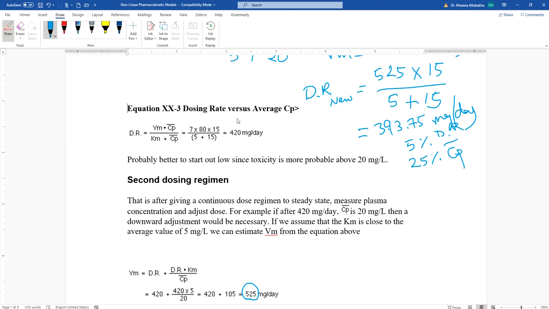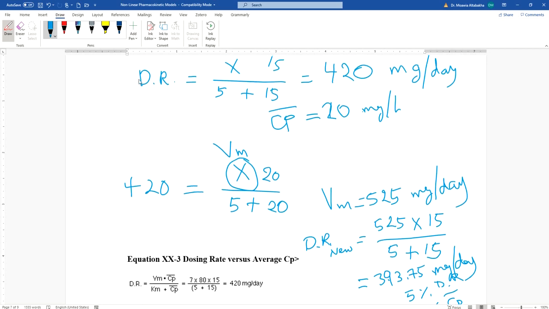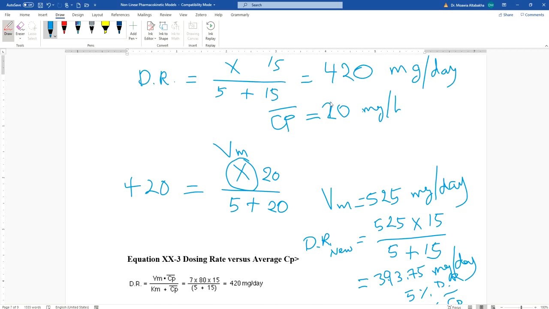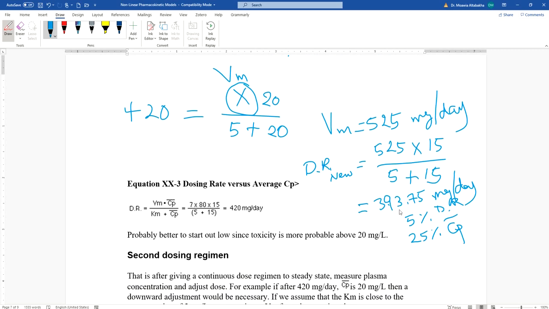If you have two dosing rates, the new one and the old one, producing two different CP averages, for example this one is 20 and maybe this one is 9 or 7, which is less than the minimum effective concentration.